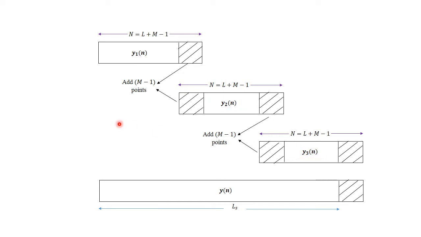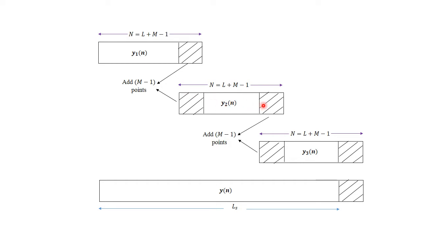Now as per the procedure, the first sequence's last m-1 values must be overlapped on its next sequence's first m-1 values. So that's why you can observe over here. So now add them.